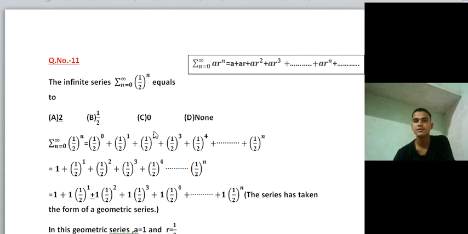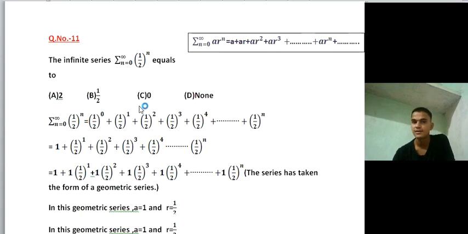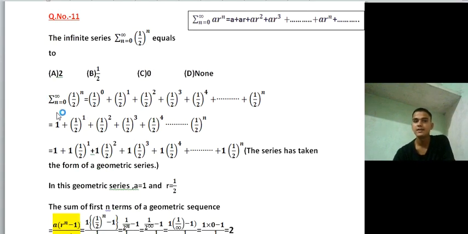So you can see this series is an infinite series. Okay, so here n starts from 0 and goes to infinity. For this term n is equal to 0, for this n is equal to 1, for this n is equal to 2.